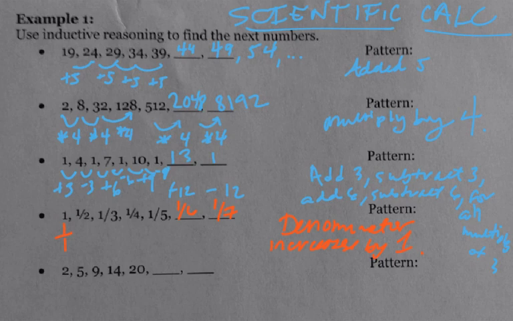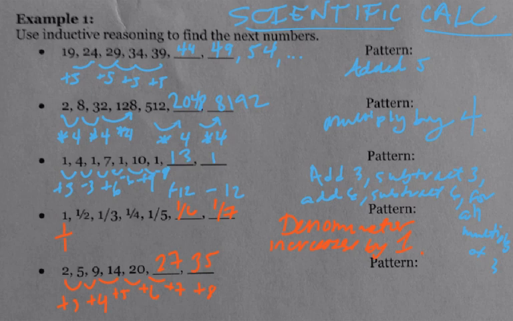Okay, and then this last one, we have 2, 5, 9, 14, 20. And you might see that this one increases by 3. From 5 to 9, it increases by 4. From 9 to 14, it increased by 5. From 14 to 20, it increased by 6. So I'm going to assume that this is going to increase by 7. And then the next one would increase by 8. So 27 plus 8 is 35.